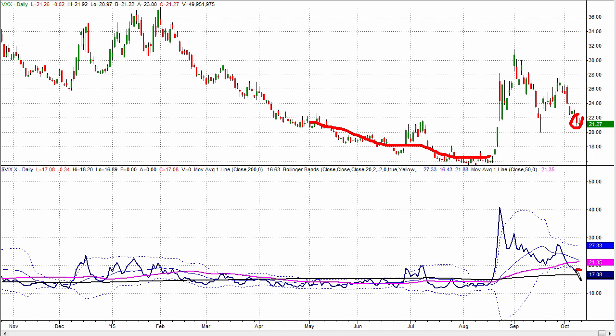So when it comes back down to that lower Bollinger Band and then turns up, it's often an indication that the VIX is oversold. And if the VIX is oversold, it means the market's overbought. So this confirms, or I should say is coincident with, the McClellan oscillator suggesting that the market may be a little bit stretched on the upside.